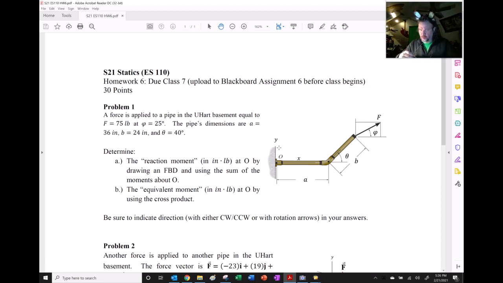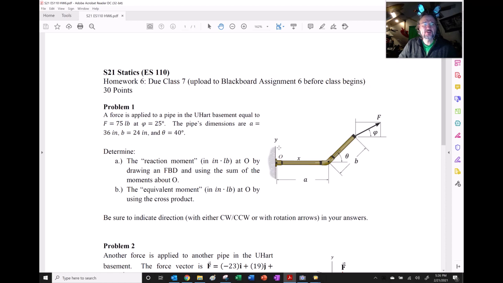So here's going to be problem 1. We have, let's see, what do we have? Force is applied to a pipe in the U-Hart basement equal to 75 pounds, and we get an angle psi right there of 25 degrees.